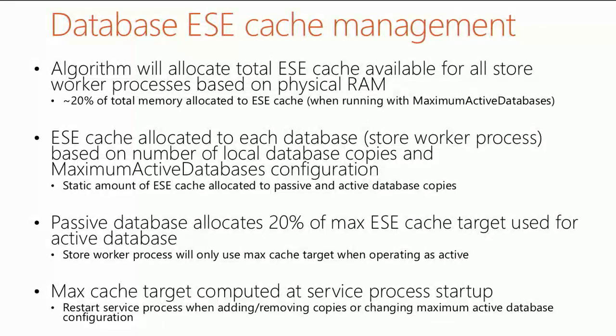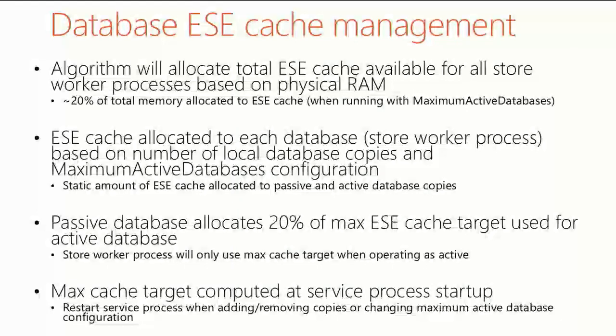And from that, it divides it between each of the passive and active databases on the server and determines targets for each of those based on the number of copies and maximum active databases the server can host. So think of that as configuration that's somewhat stable. As it changes, it will change that algorithm, but that generally is a point in time of your deployment, when you add databases to a server in terms of its configuration, and then it starts to use those to set its cache targets.